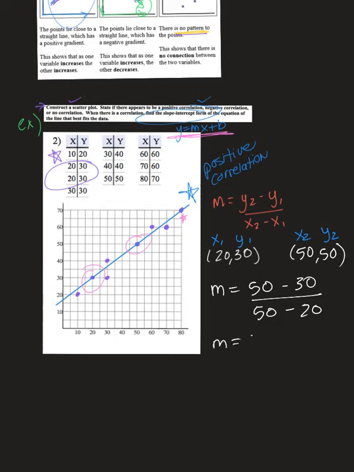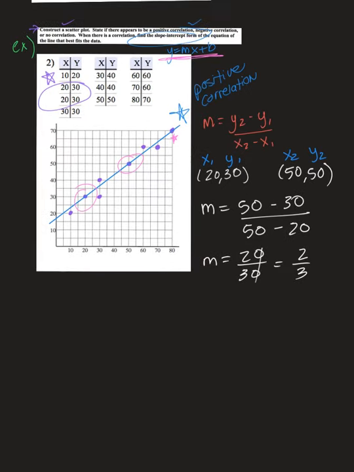When we simplify that, we get 20 over 30, or we can write it as 2/3 because we can divide both the numerator and denominator by 10. Okay, so our slope is 2/3.